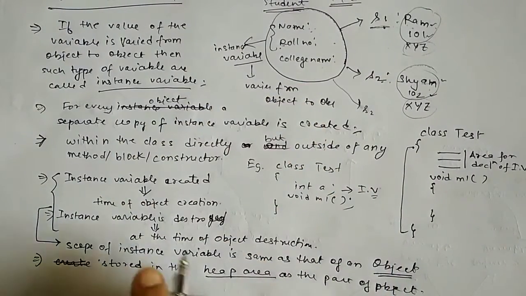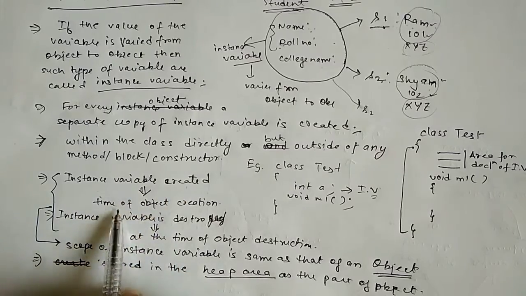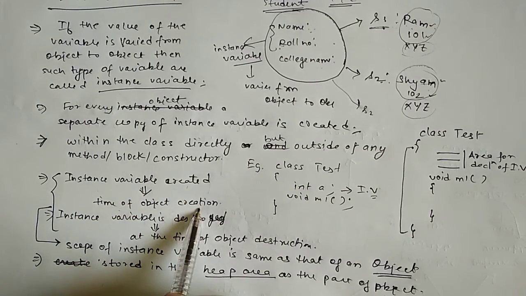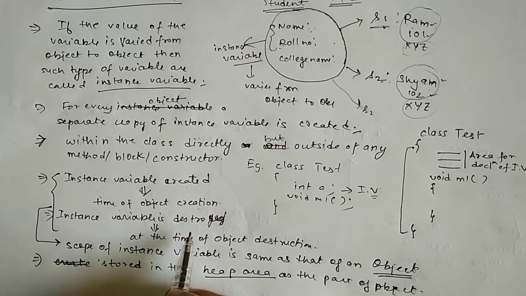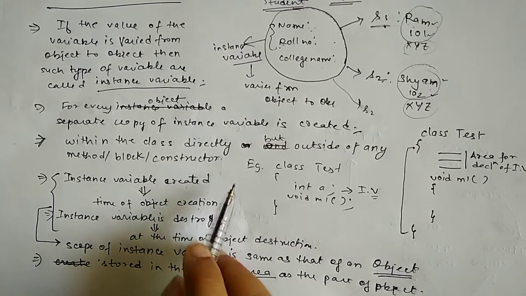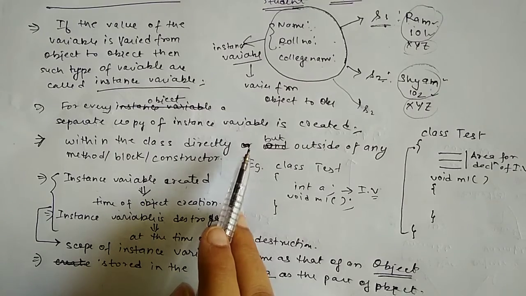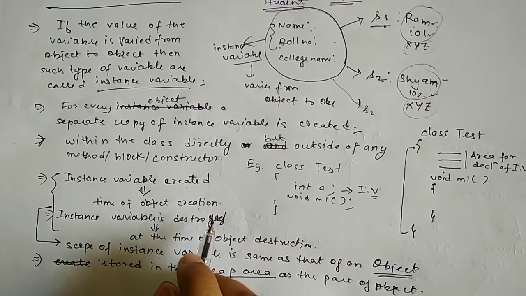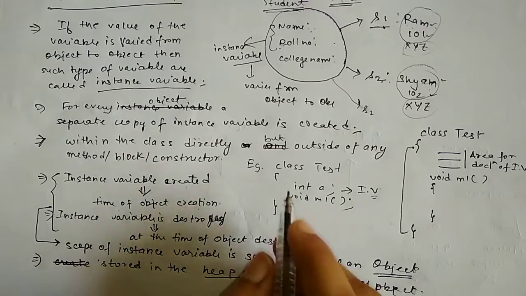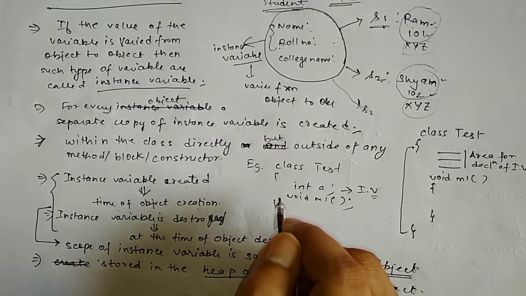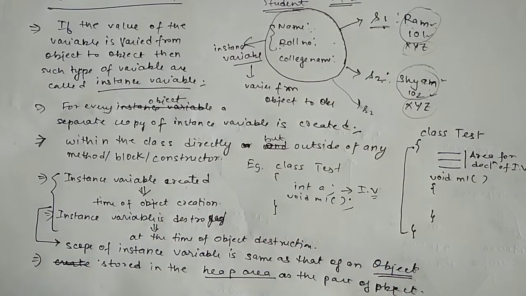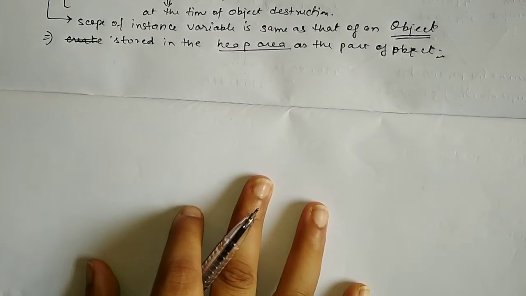As we all know, the instance variable is created at the time of object creation, so if we want to access it, we have to use the object reference. But from the instance area we can directly access the instance variable.